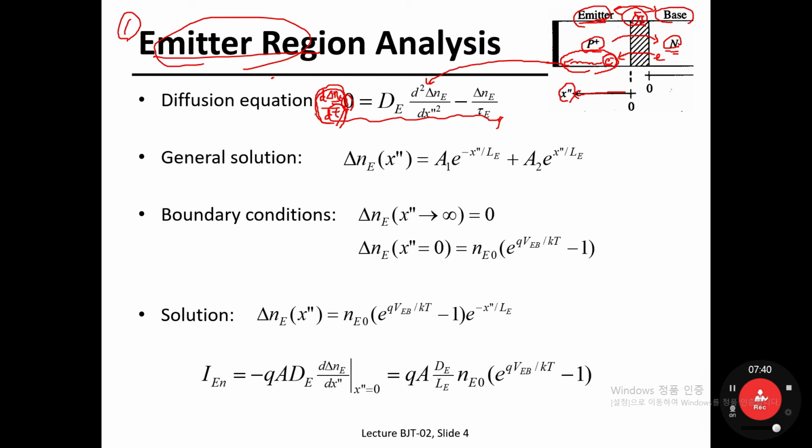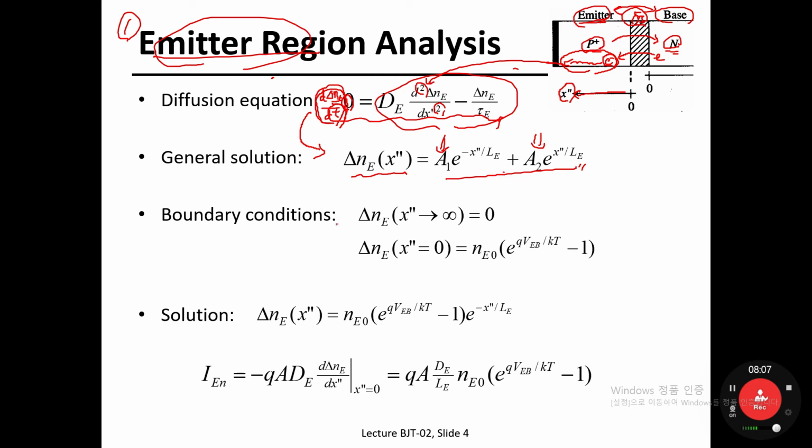All right. By solving this minority carrier diffusion equation, we are going to get the solution. Since this is a second order differential equation, the general solution form should be given as follows. Then to get the specific solution, we should know two coefficients named A1 and A2.